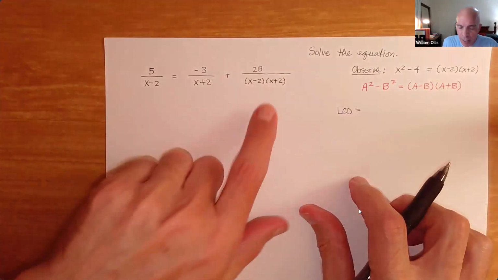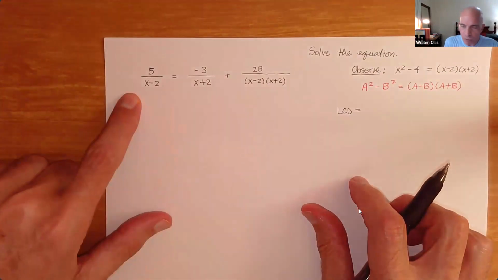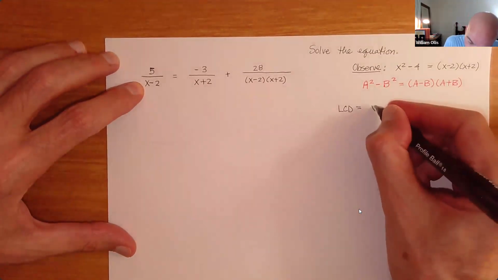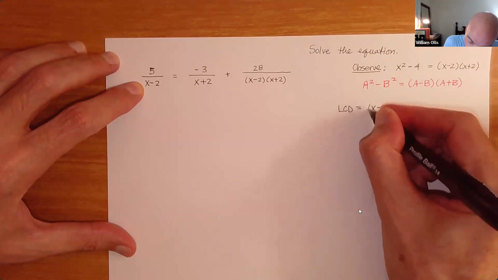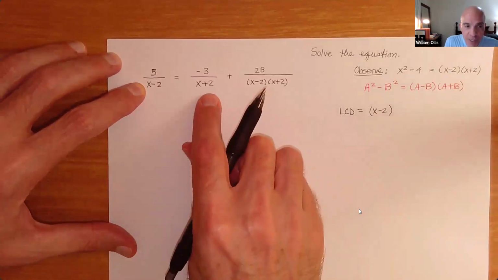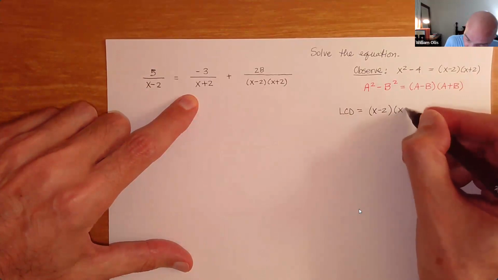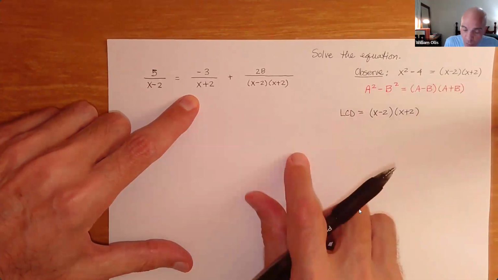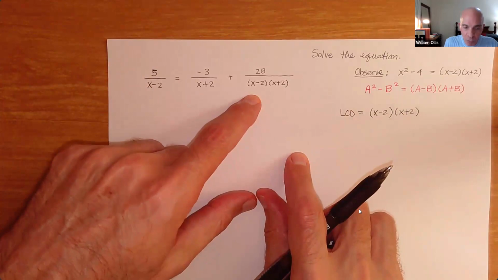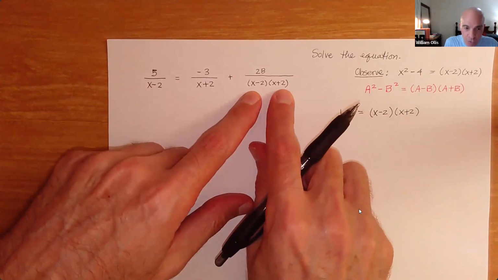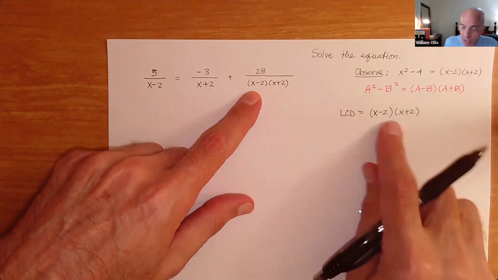You can start over here and move this way, whichever way. So we need an x minus 2. That's the first factor we need. If we move to the second term, we see we need an x plus 2. And then when we get to the last term here, we don't have to worry about anything. We've already got the x minus 2 and we already have the x plus 2, so we're good.